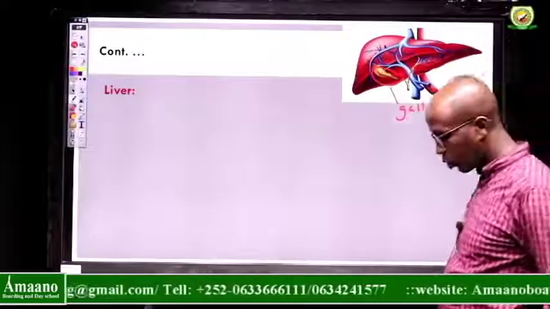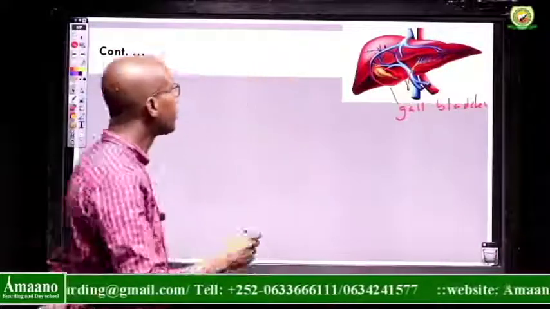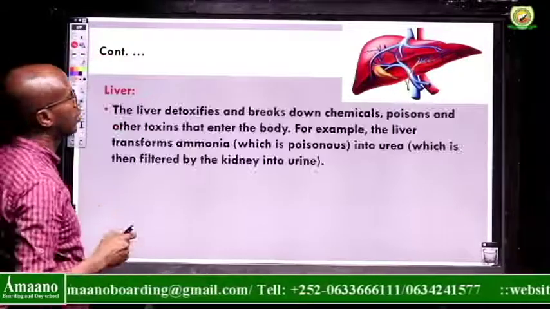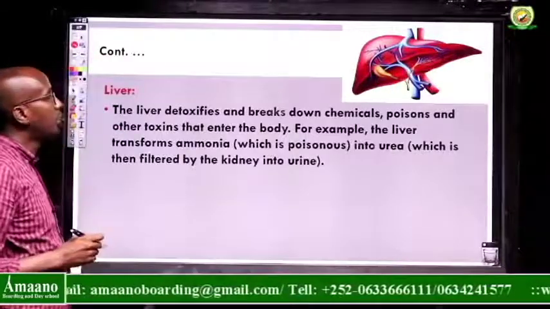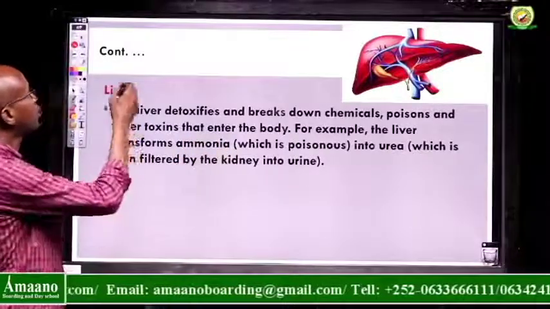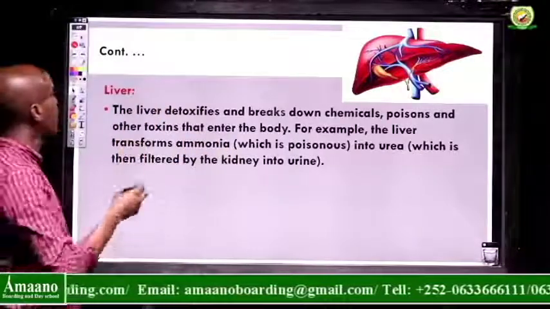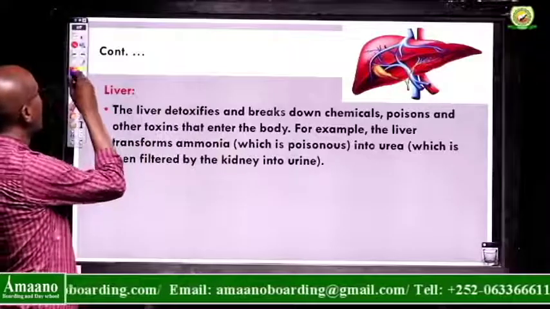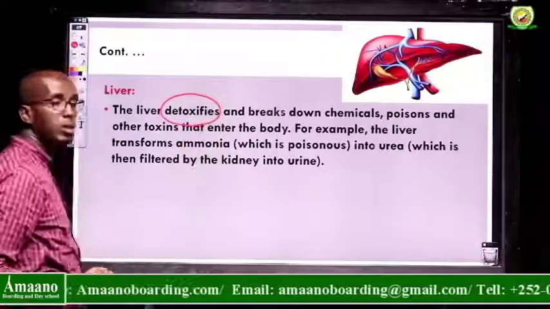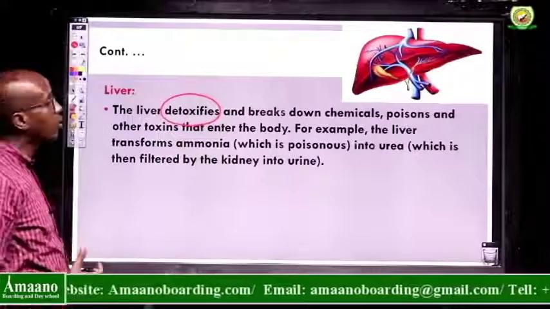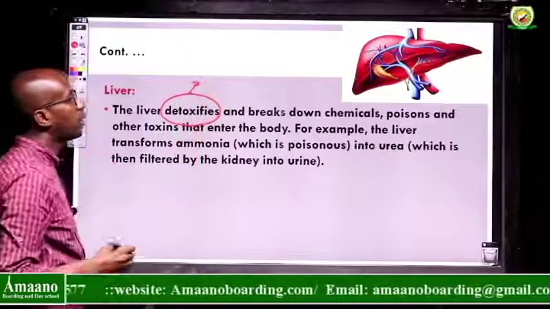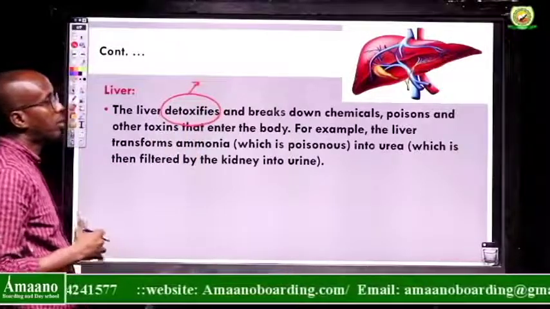Okay, so here we have some of the functions of the liver which are related to excretion. The liver detoxifies. Detoxify means it removes toxins or poisons from the products of digestion.